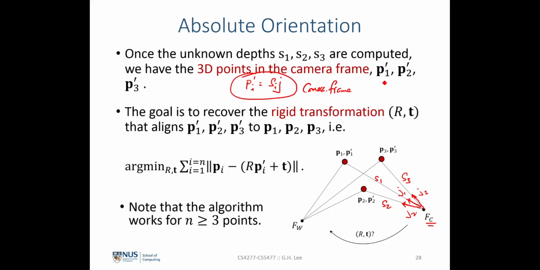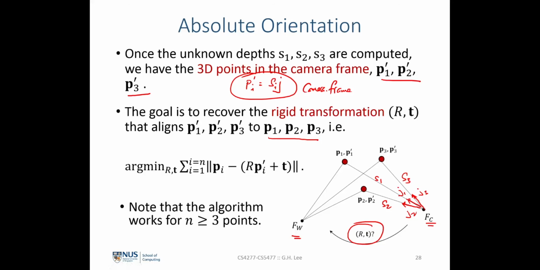The next step would be, given this set of 3D points defined in the camera frame, as well as the set of 3D points defined with respect to the world frame, we want to find the relative transformation between the camera frame and the world frame such that we align these two frames, and that would be given by a rotation matrix as well as a translation vector.